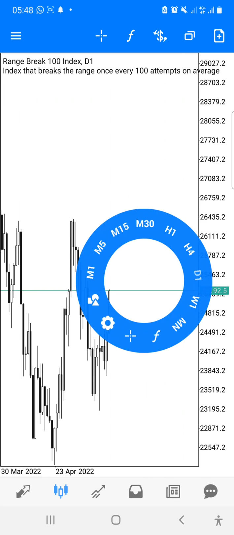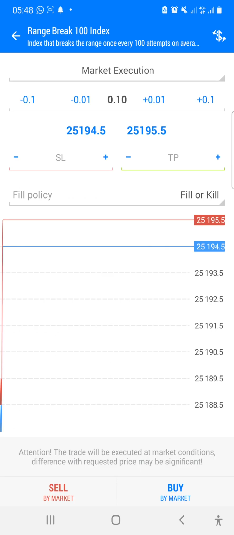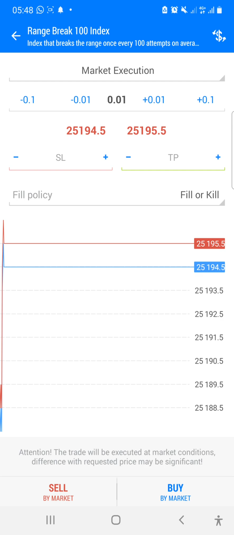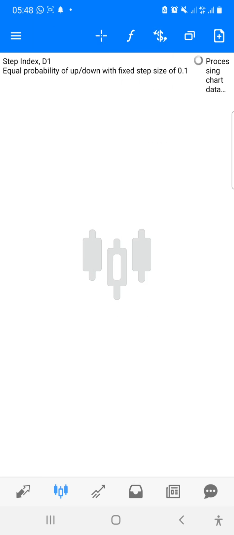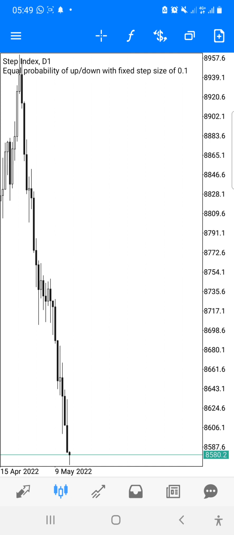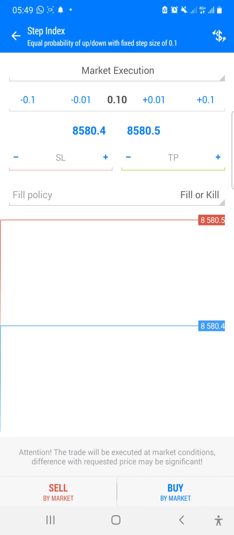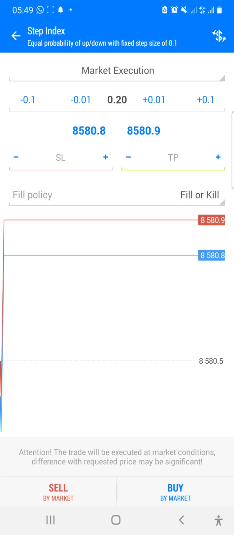Okay, let me be checking the least lot sizes for you. This one now, the least lot size is 0.01. Step index now, sorry. The least lot size is 0.1, which is $1 per pip. Let's move to another one.